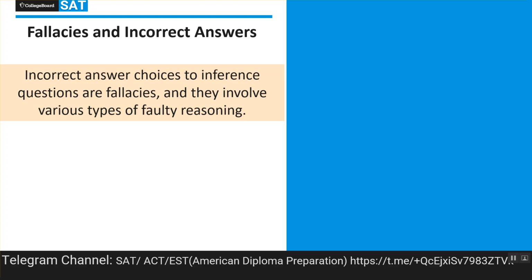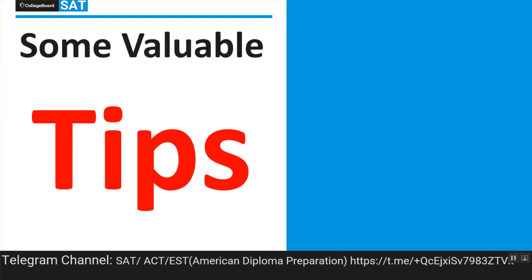You'll find that the test maker gives you maybe half of your answer correct from the passage, but the other half is made up in order to make you think that this is logical. It may be logical in a normal English class, but here you are studying for or taking the SAT test. So as long as it's not mentioned in the passage, it's not to be considered correct. So let's have some valuable tips to help you when you are working with inference questions.